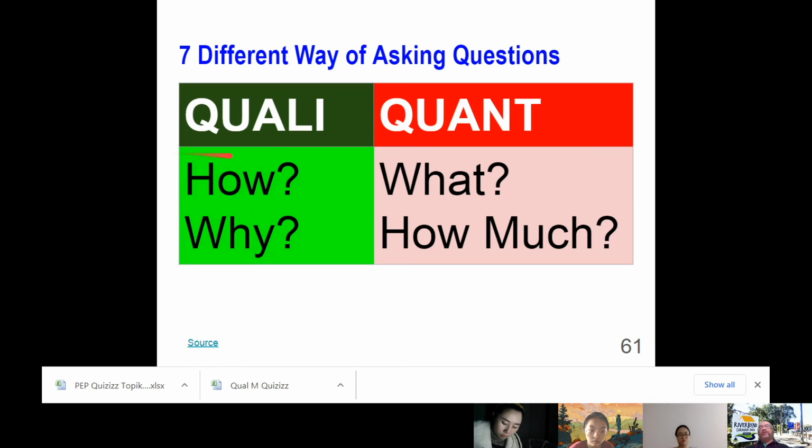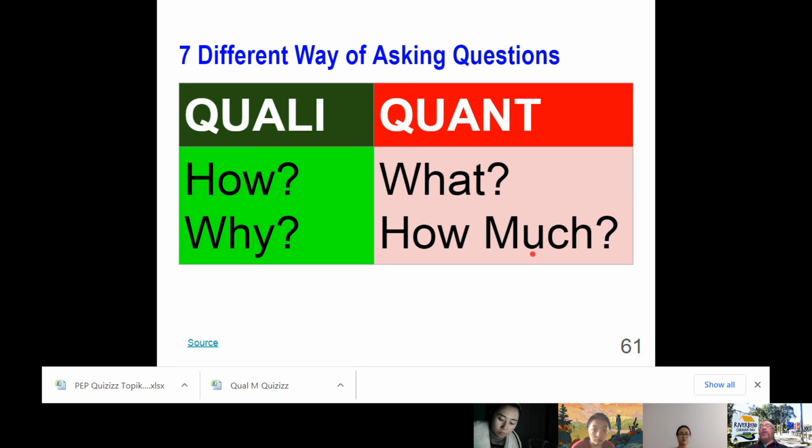In quantitative, they are more interested in what and how much. You can see that in their research objective, for example, what kind of activities do you do during your leisure time?